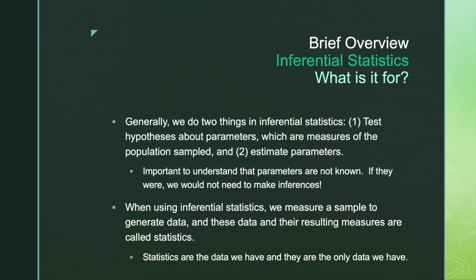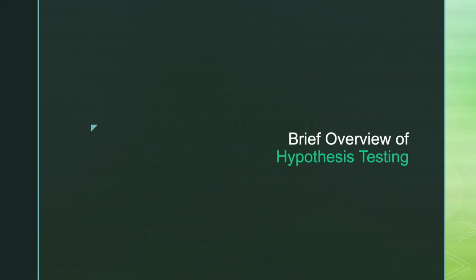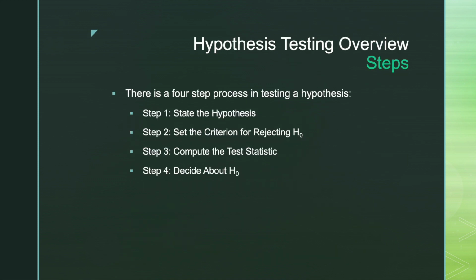What we started to do in week 3, so before the test, was to talk about inferential statistics, right? So the whole purpose of inferential statistics is to test hypotheses about population parameters. So basically, we're using samples to try to make a guess about the population. To do that, we do something called hypothesis testing.